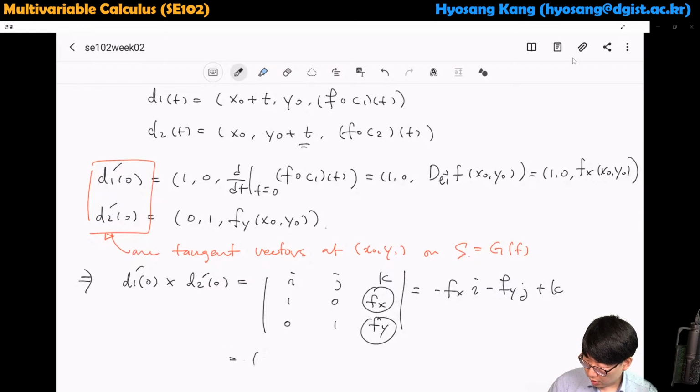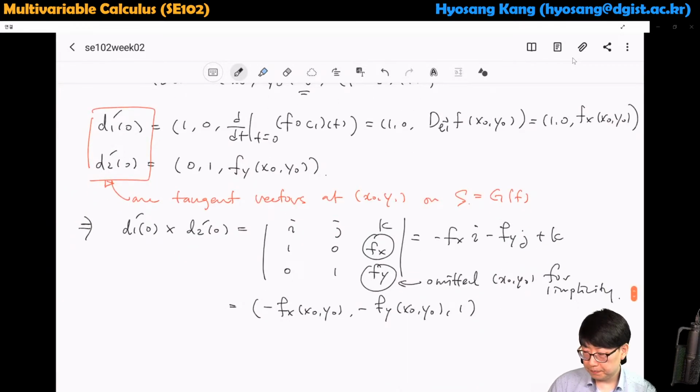So what we get is (-fx(x0, y0), -fy(x0, y0), 1). So this is our normal vector.